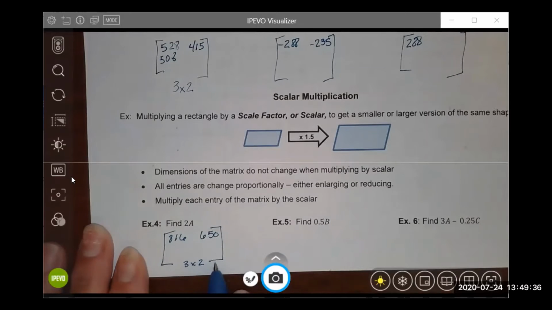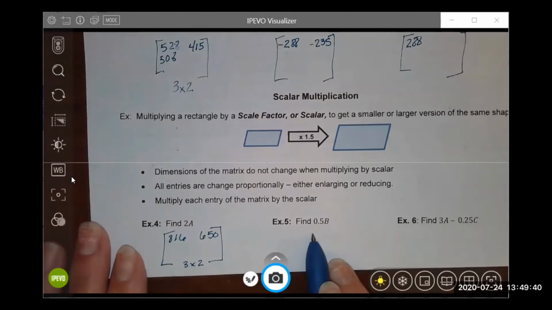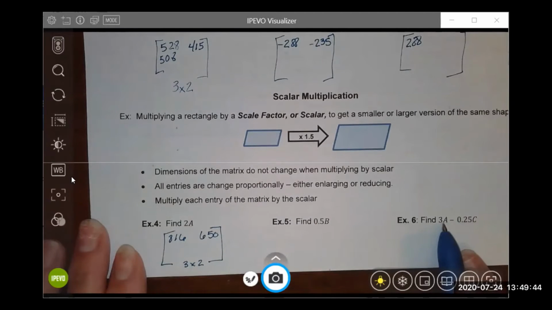So that's the way scalar multiplication works. You can multiply by a fractional number or by a decimal. You can even do the multiplication on 2 different matrices and then subtract their resulting matrix and come up with a final answer. So there's all sorts of just kind of normalish things that you can do with a matrix.